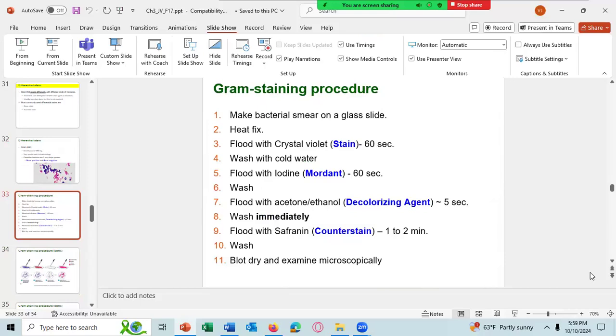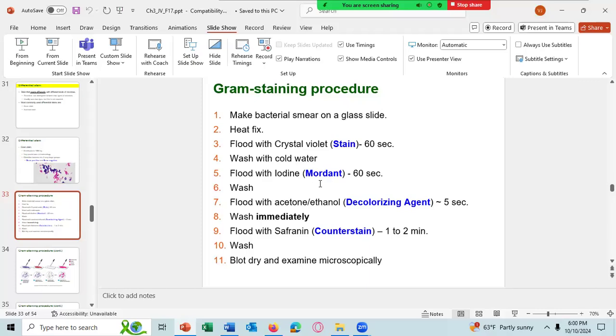The Gram stain, in brief, is you get a bacterial smear, you let it air dry, heat fix it, and then you take that bacterial smear and use it for your Gram stain. You first flood the slide with crystal violet, wash the crystal violet off with cold water, flood the slide with iodine.